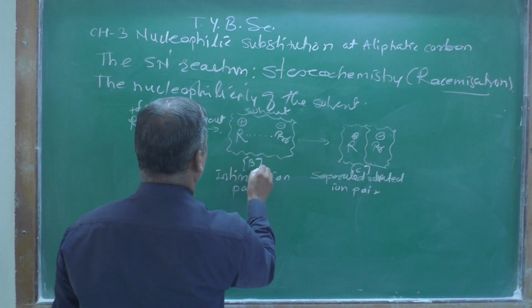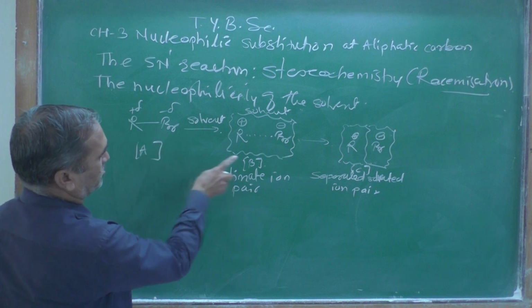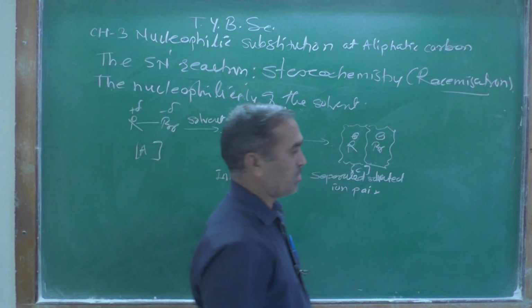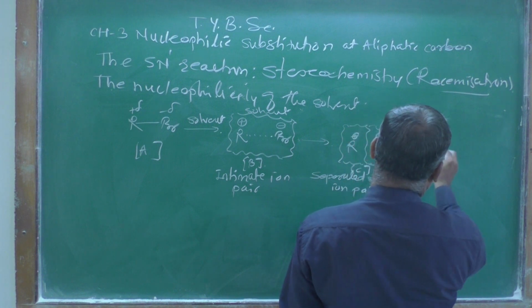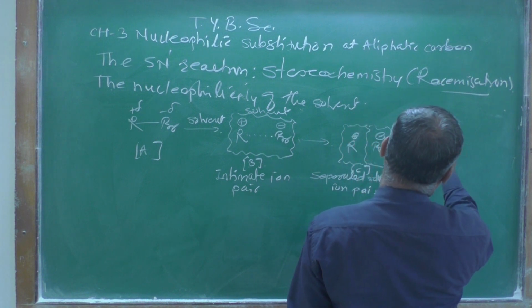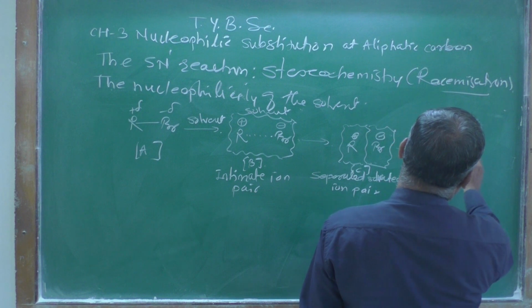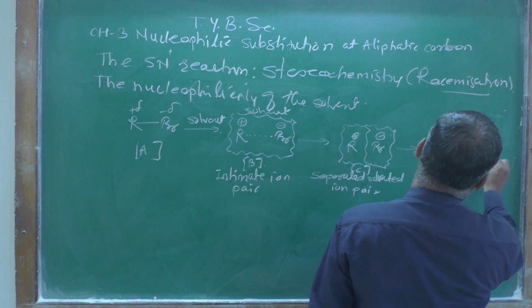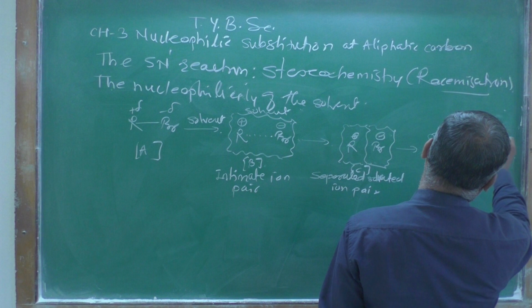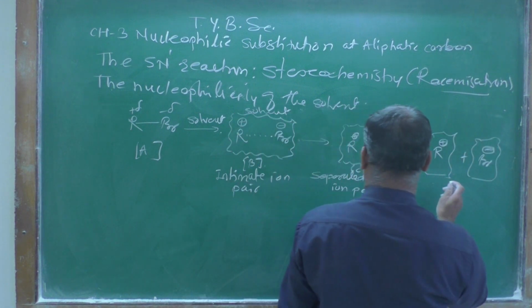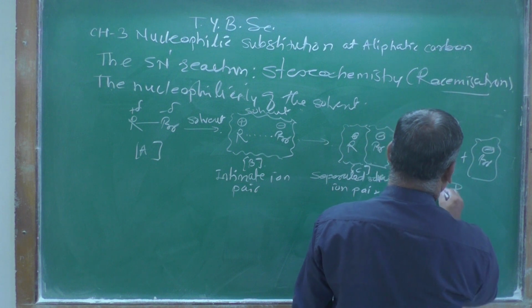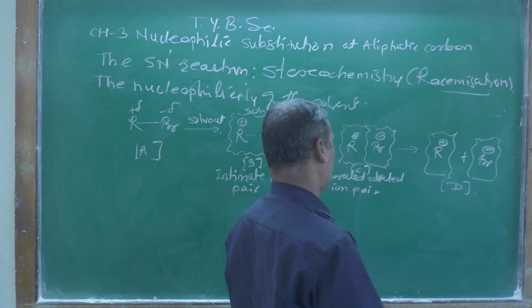First one is A stage, B stage, C stage, and finally we will get R plus and Br minus separately. So these you can call the D stage.